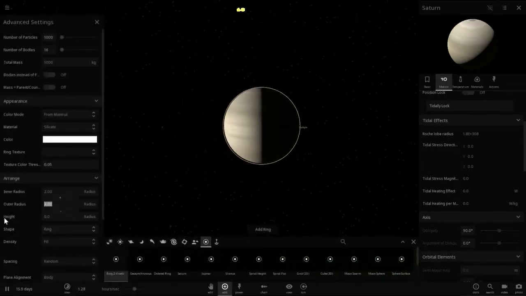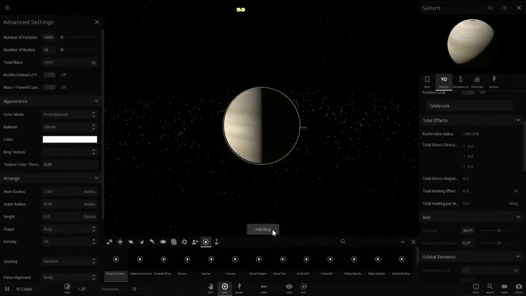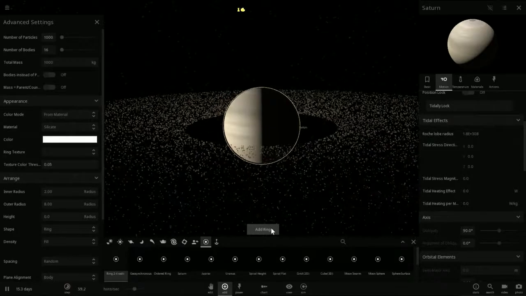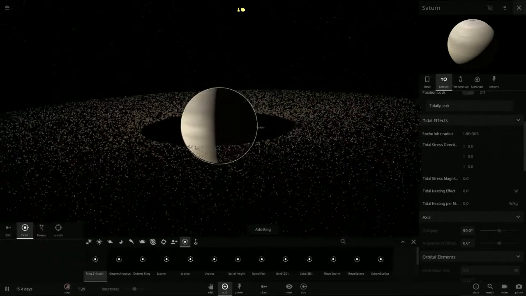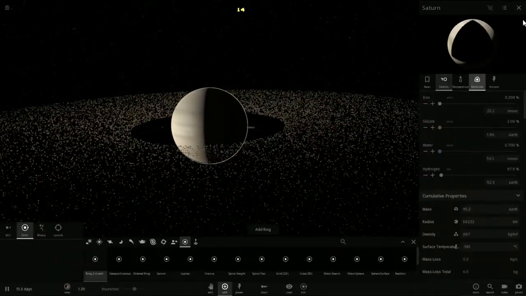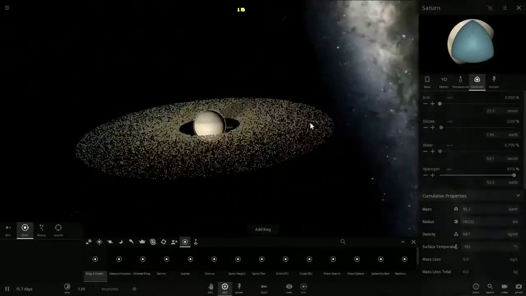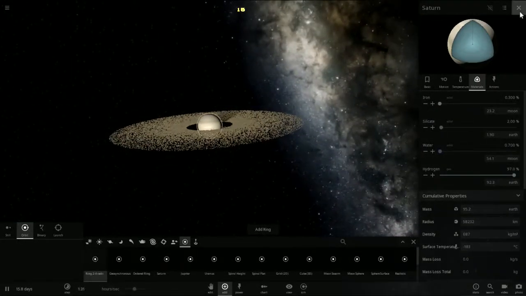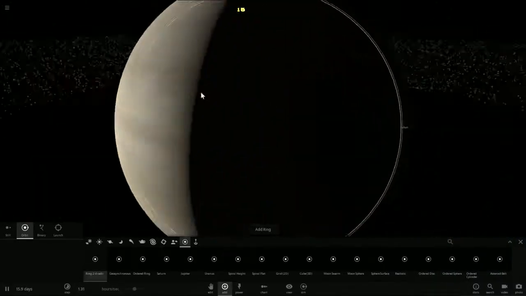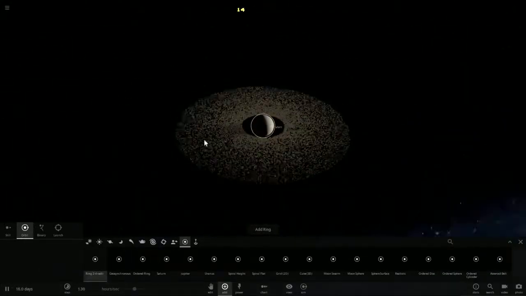Rings, make that 8. Put plenty of material in orbit. So now Saturn has an absolutely massive ring system.